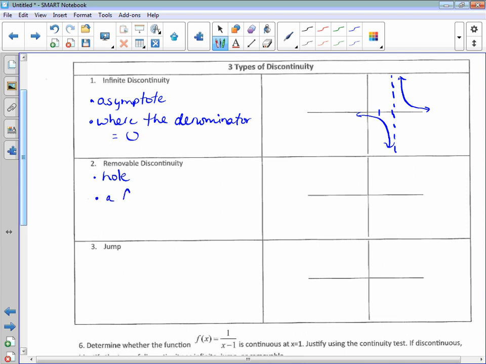That happens when a factor in the numerator and denominator cancels. Graphically, you can see a hole.